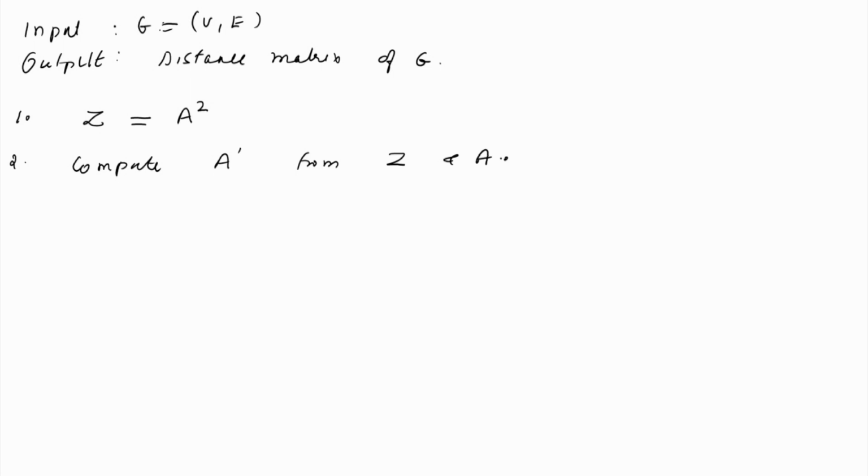That would involve a little bit of calculation. In A prime, there is an edge between i and j if there is either a path of length 2 or a path of length 1, and i is not equal to j.